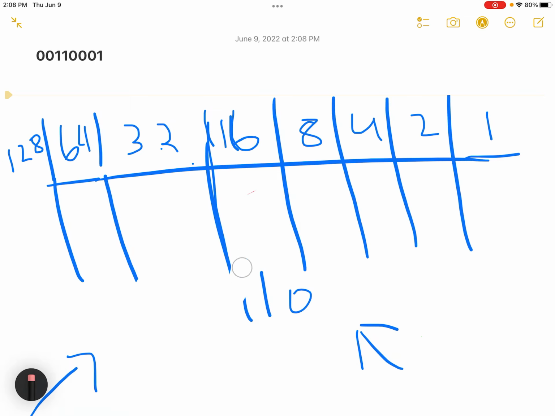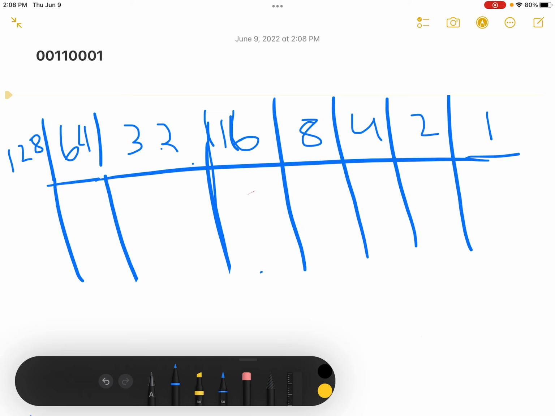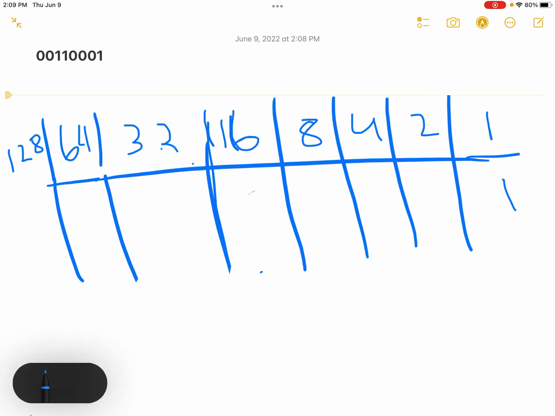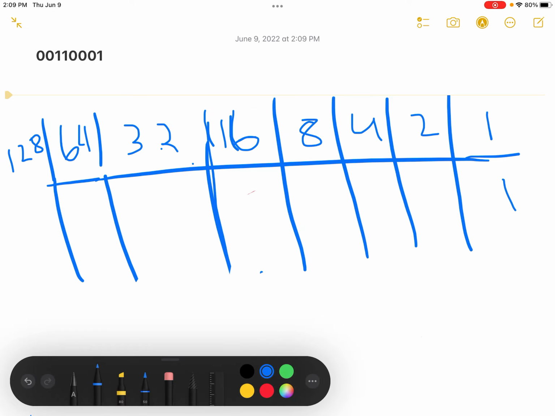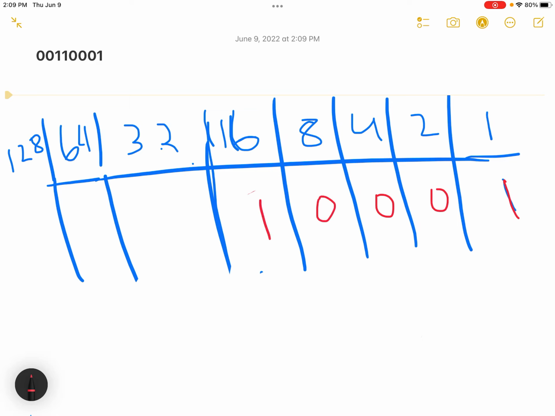Now let's write the binary code here. So what is the binary code here? Let me use a different color. It's 0 0 1 1 0 0 0 1, right? As I said before, wherever there is a 1, circle that number.